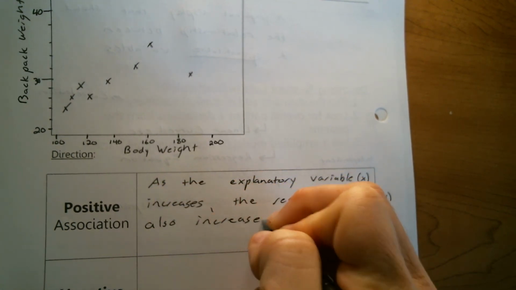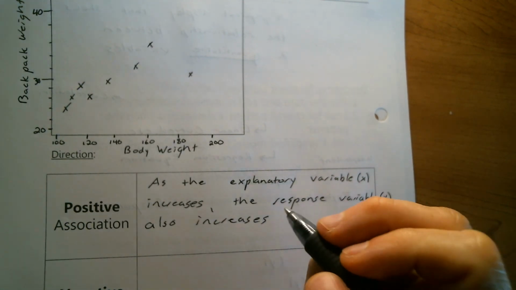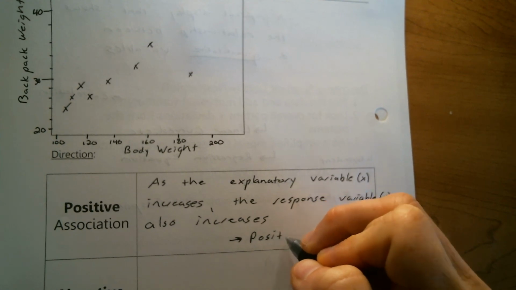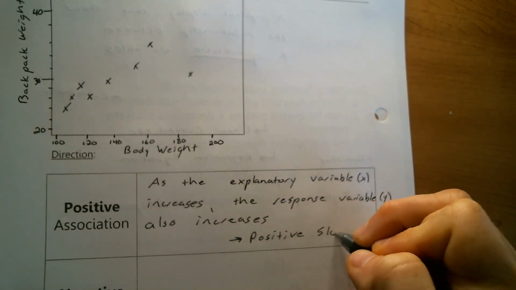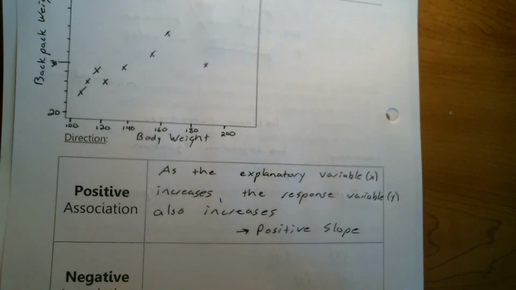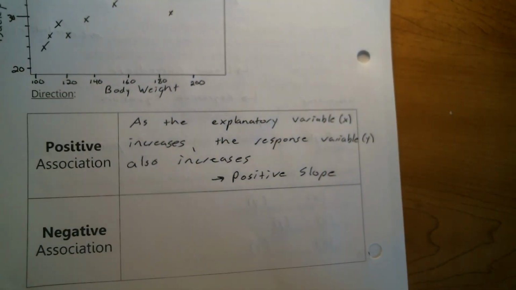Now, I don't want to make this sound any more complicated than it is. It's basically just when you have a positive slope. If you think of the points as like a line, a positive association is basically when you've got a line that has a positive slope. So let's not make it any more complicated than it has to be.